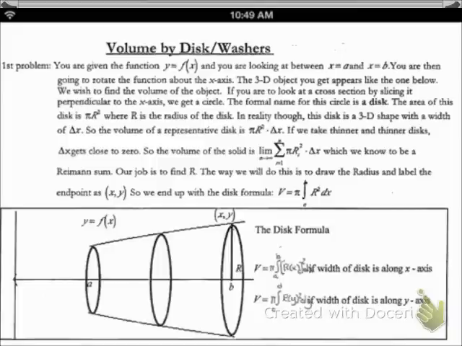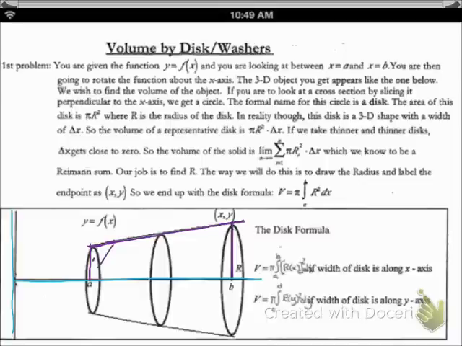Okay, so if we're looking at the picture that we have shown here on your screen, the original function that they gave you to set up the area problem was just this function right here. So this was our y equals f of x. And our area was the area formed by that particular function. In this case, the x-axis was a boundary, and then the lines x equals a and x equals b were also boundaries.